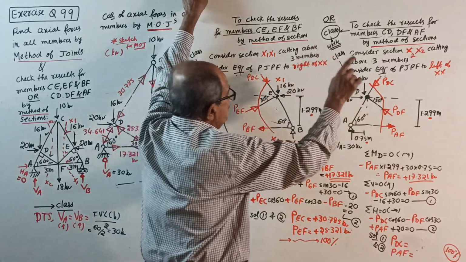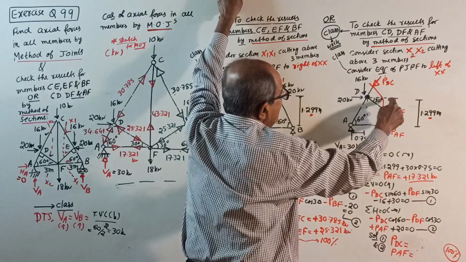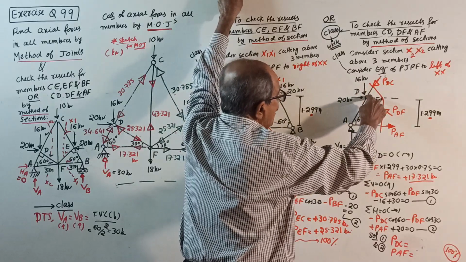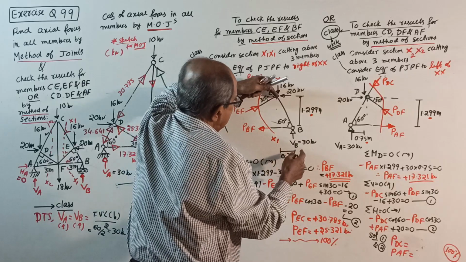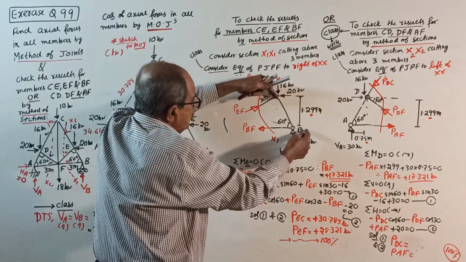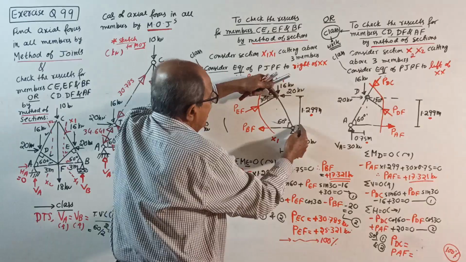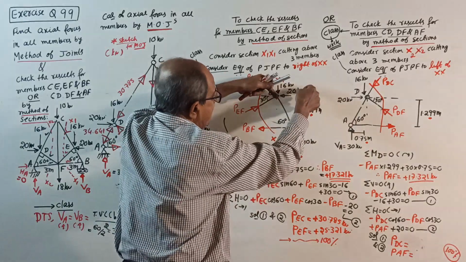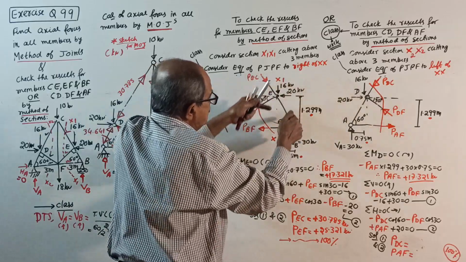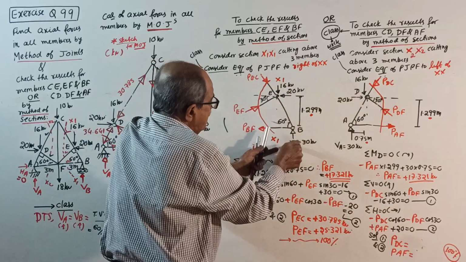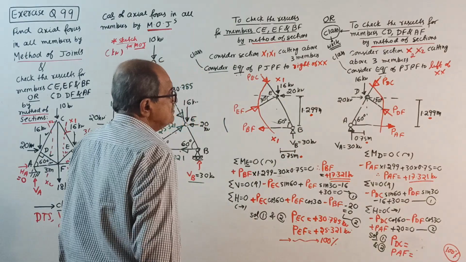Here also, when you take moment about D, all into 0. But here, this horizontal force into vertical height required, and about E, vertical force into horizontal distance required.